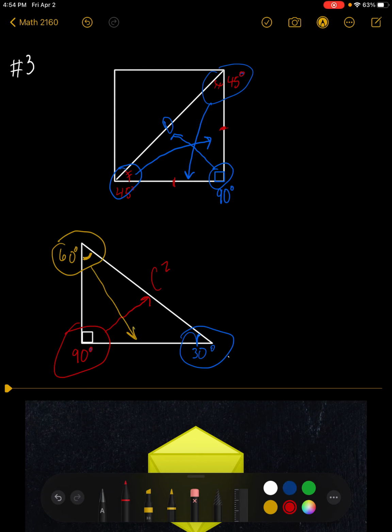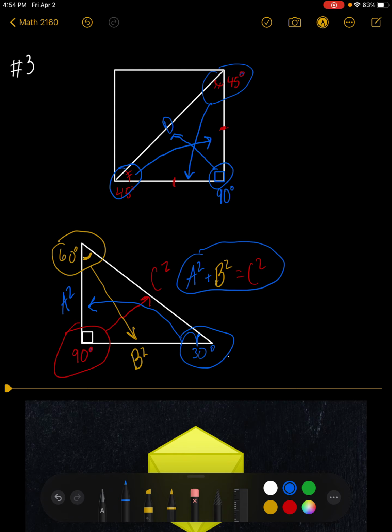And then we have the 30-degree angle, which is usually the smallest, and it's usually a squared plus b squared equals c squared. So this would be your formula.